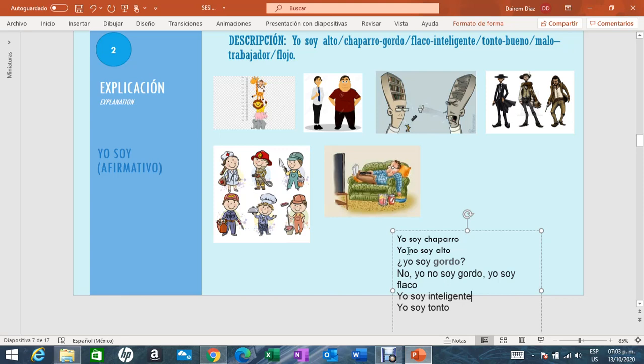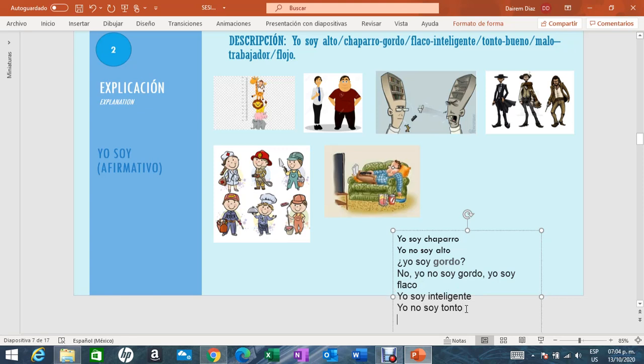So in this case, I'm gonna say, yo soy chaparro, I am small. Yo no soy alto, I am not tall. Yo soy gordo, am I fat? No, yo no soy gordo, I am not fat. Yo soy flaco, I am slim. Yo soy inteligente, yo no soy tonto. I am intelligent, I am not dumb.